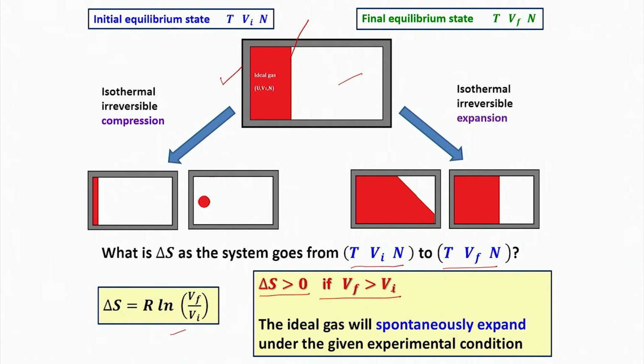And therefore, what would be the direction of spontaneous change in state of the gas here? It will try to make the final volume greater than the initial volume. Therefore, the ideal gas will spontaneously expand under the given experimental condition, and therefore I would say that the final state will not at all be the compressed one that I have shown here, but it can be any of the expanded states.